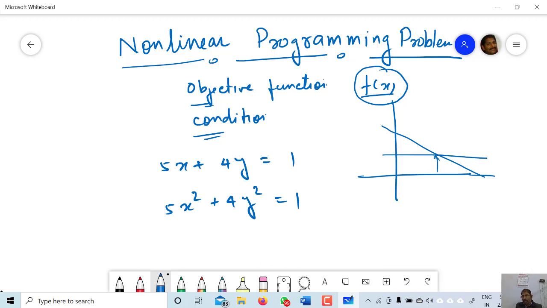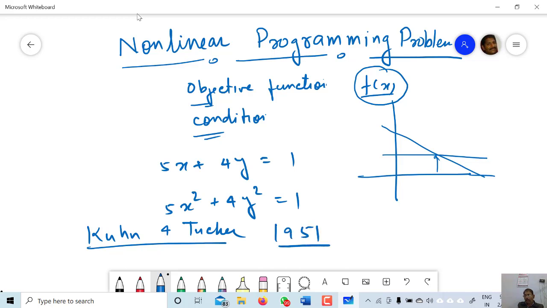This was first defined by two scientists, Kuhn and Tucker. These two scientists in 1951 gave this kind of concept first.